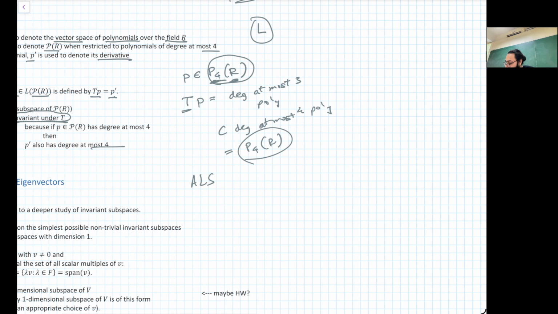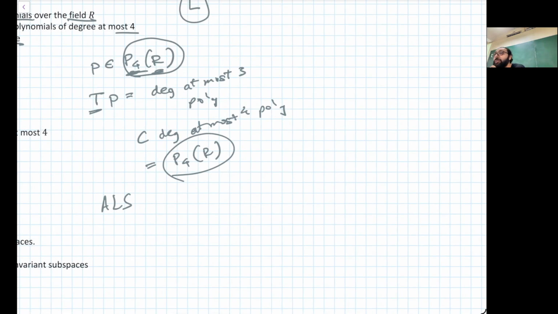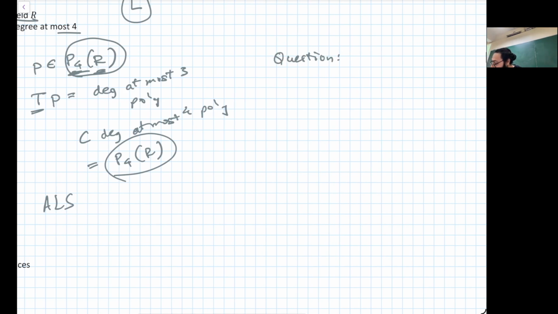Say your question again, slowly. You have only one subspace at this point. So the question was, is P4 a part of a direct sum decomposition?